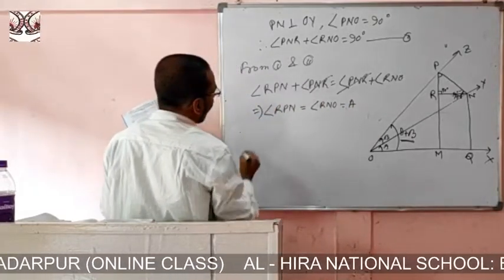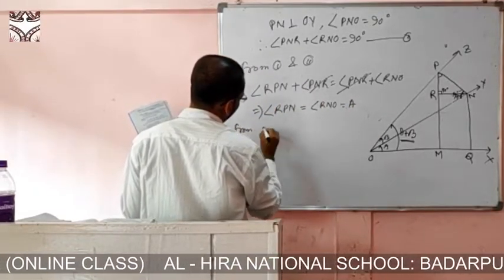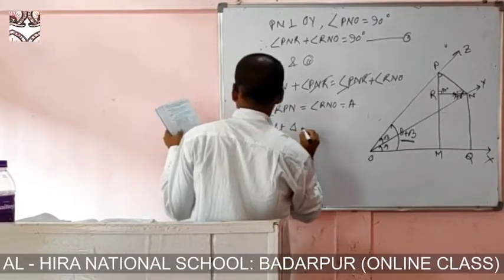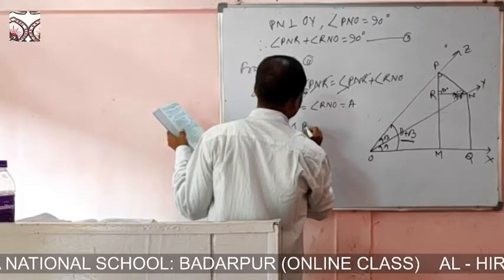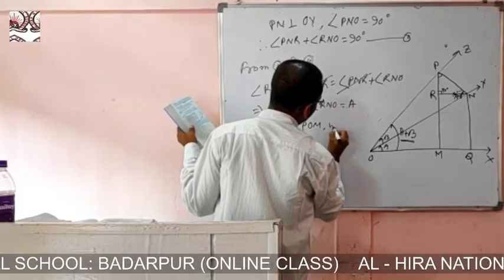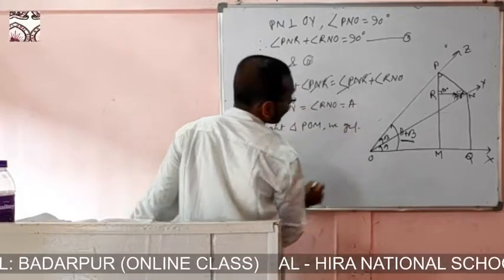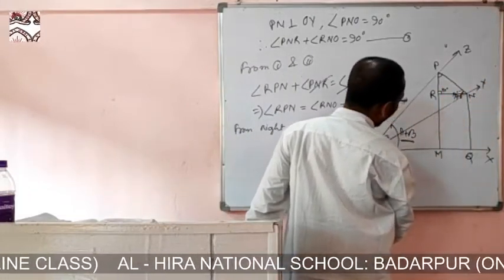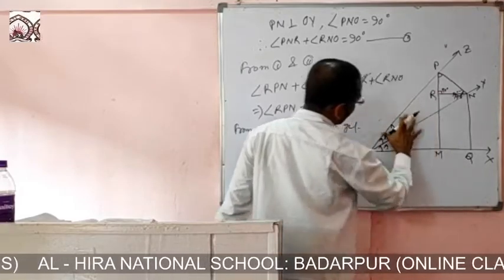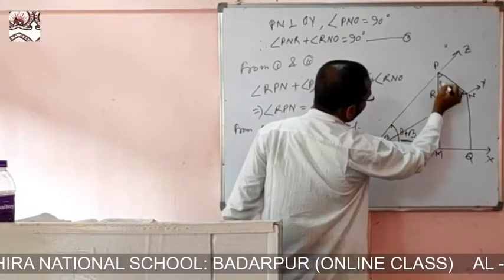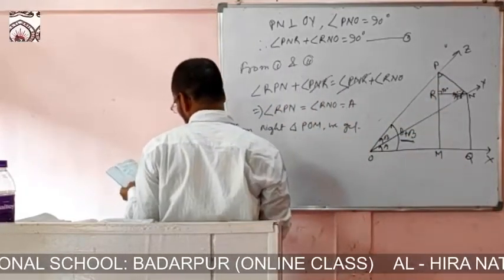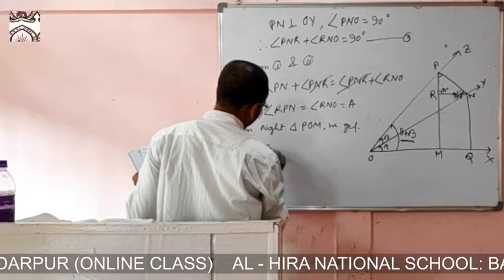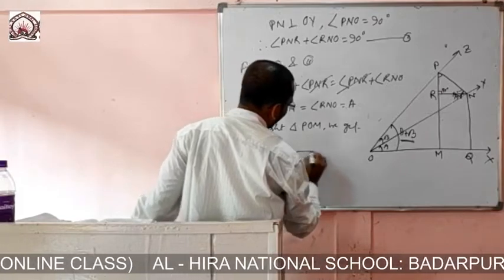Now from right angle triangle POM we get, you see this POM, this angle is A plus B, so we get sin A plus B. Sin A plus B will be what?